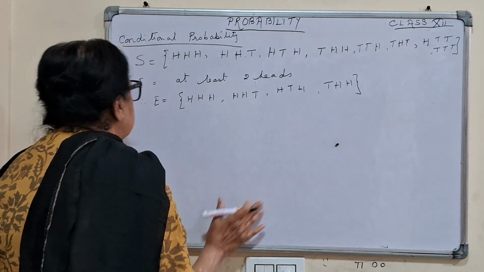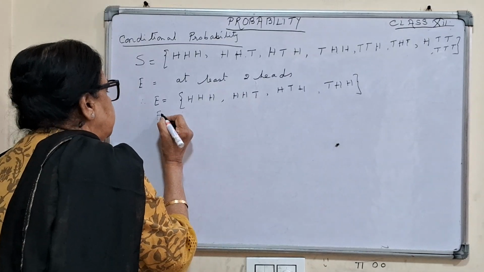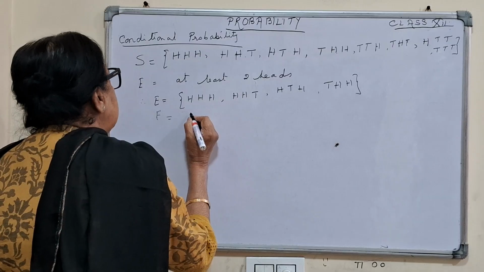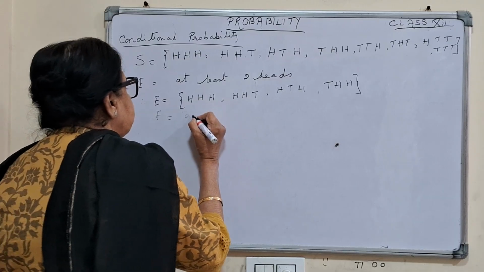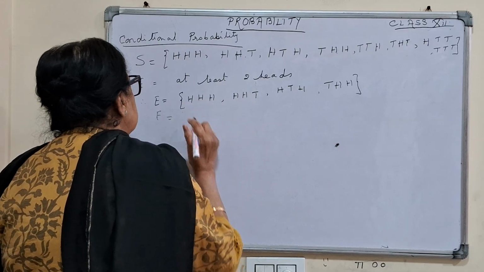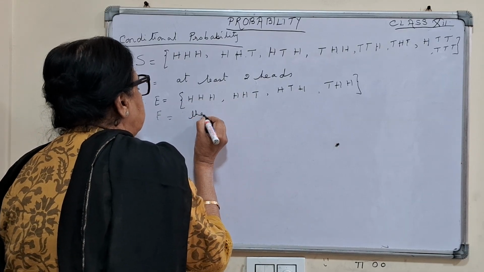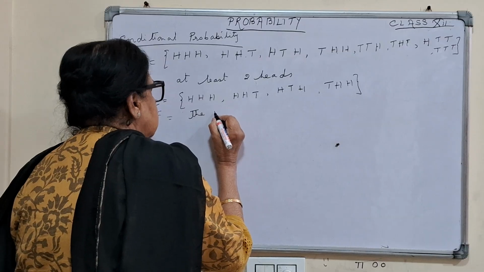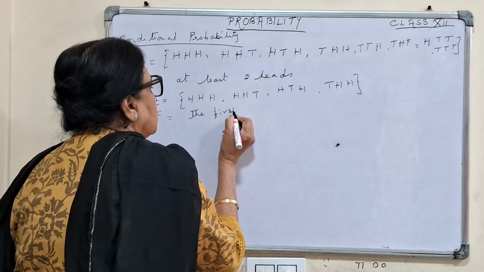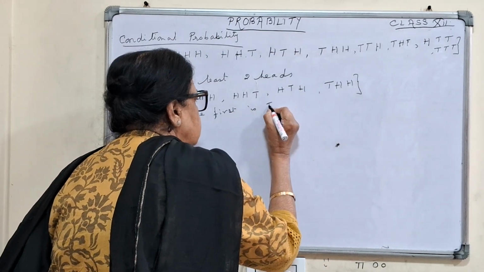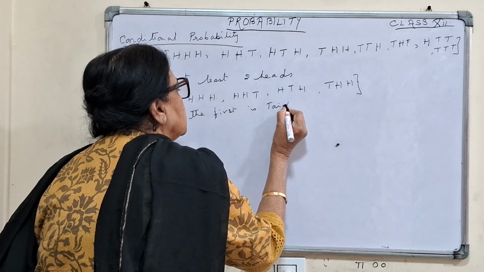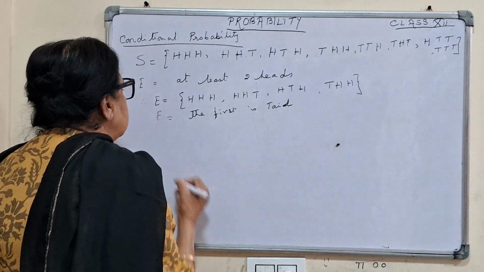Now, F is the event that the first is tail. So how many are there?